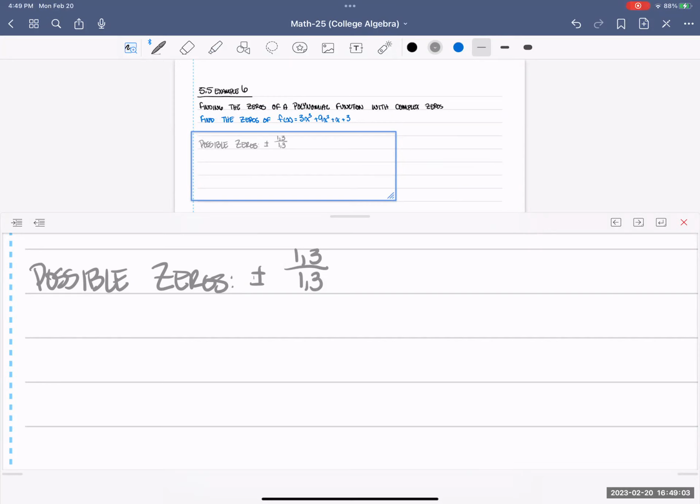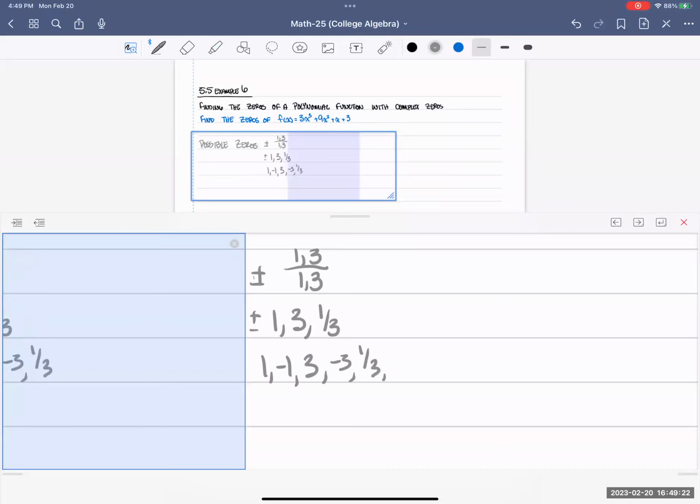So possible factors are going to be 1 divided by 1, which is 1, 3 divided by 1, which is 3, then 1 divided by 3, which is 1/3, 3 divided by 3, which is 1, plus or minus. So we have 1, -1, 3, -3, 1/3, and -1/3.